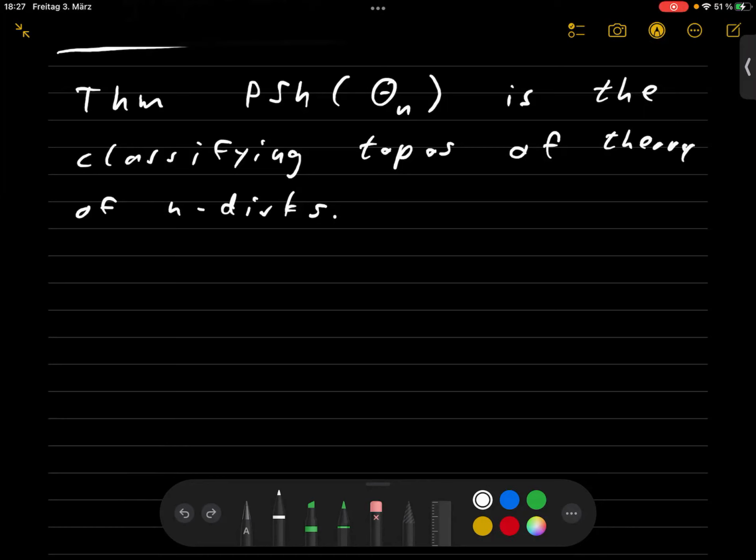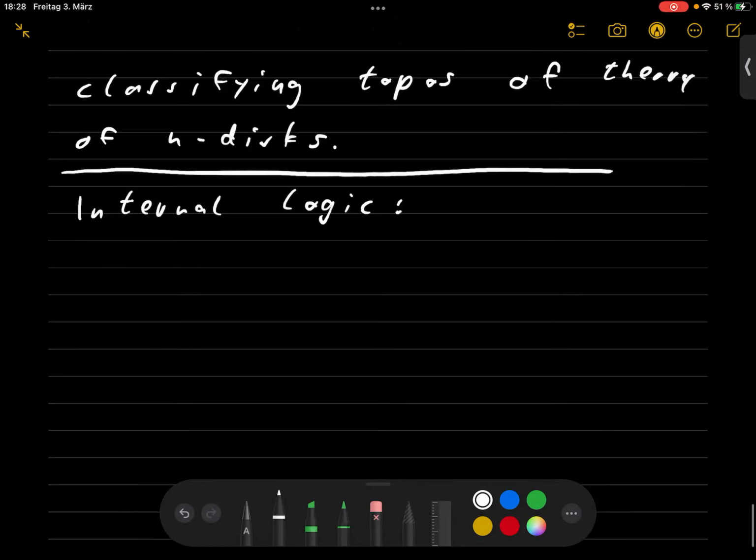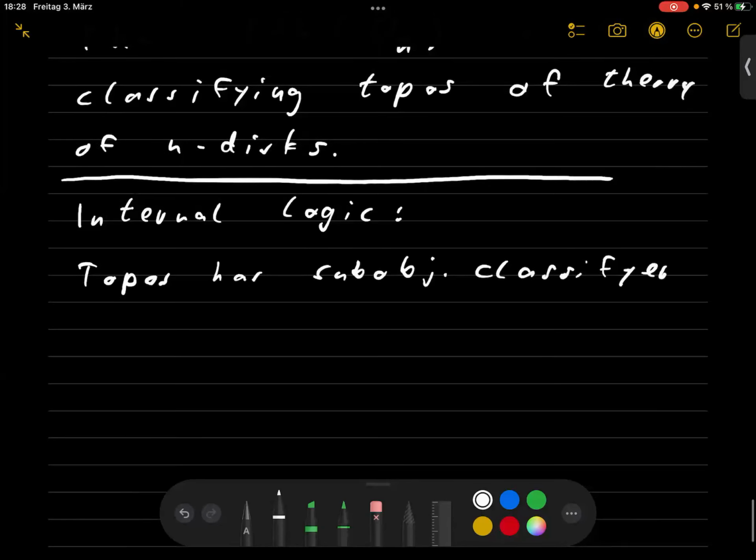So what exactly do I mean when we have some theory and we interpret formulas in a topos? This comes to the sub part of shortly a bit of internal logic. We always have in a topos this subobject classifier, which is very important for the theory. How does it work?